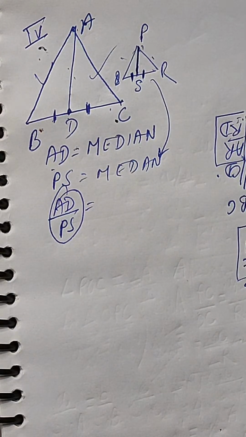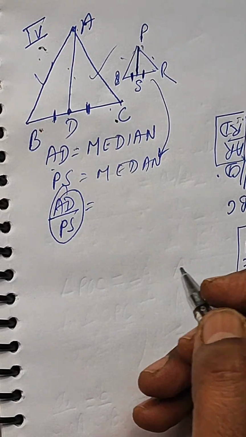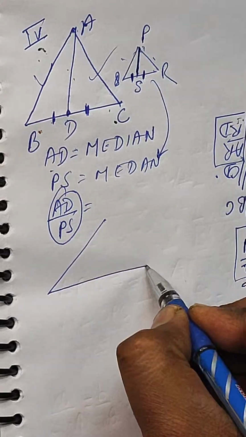So students, we can take further questions from BPT. Let us say a triangle ABC is there with you.